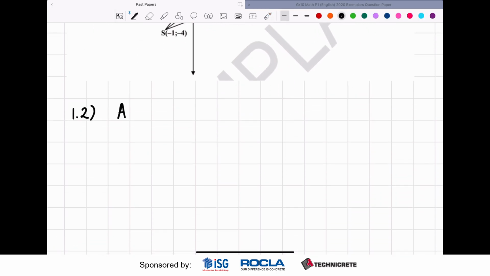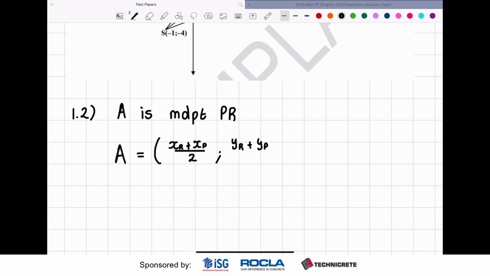So I'm going to write A is midpoint PR, and so A is going to have the coordinates x of R plus x of P over 2, halfway between the x coordinates, and the y of R plus y of P over 2, halfway between the y coordinates.